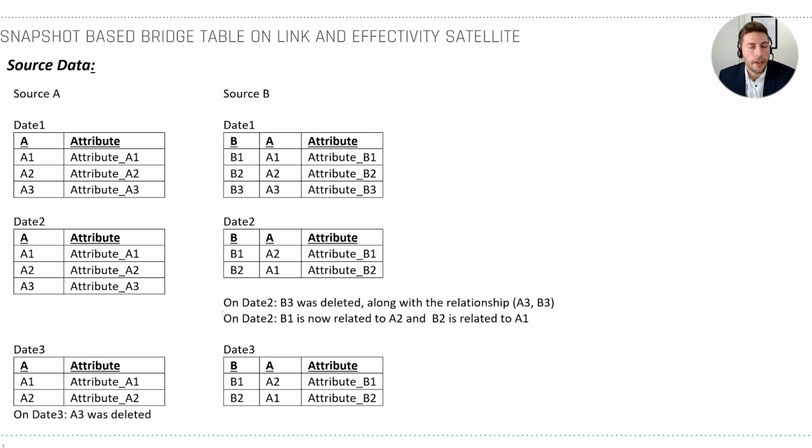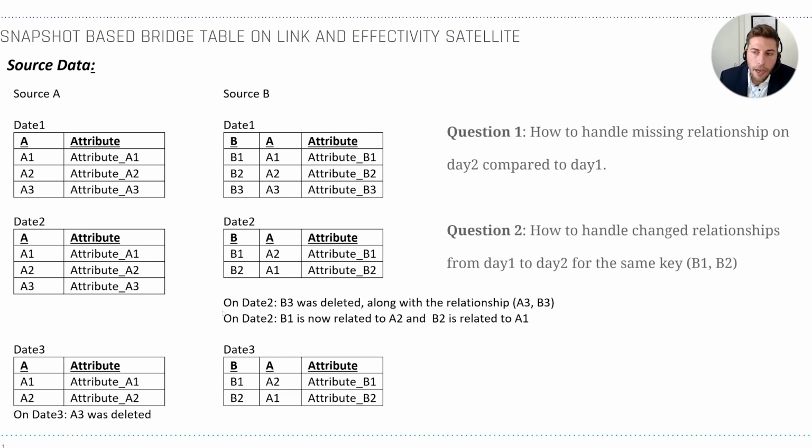And the question now is how to handle this, right? How to handle missing relationships on day 2 compared to day 1, referring to this B3, which is gone, and how to handle changed relationships from day 1 to day 2 for the same key. Here you can see that the relationship between B1 and A1 no longer exists on day 2, because B1 is now related to A2. So how to handle this?